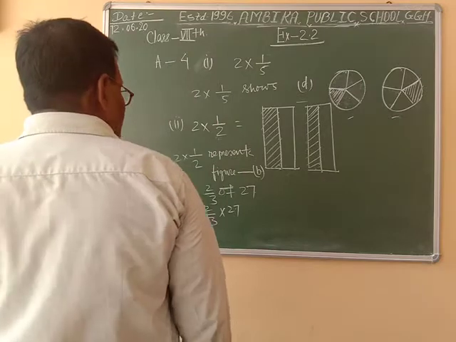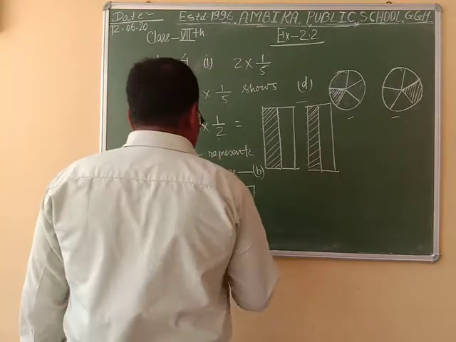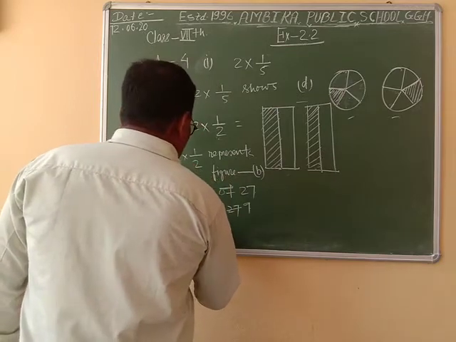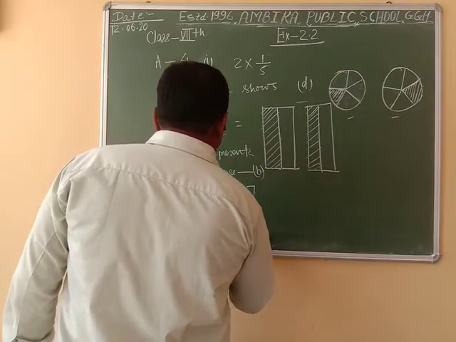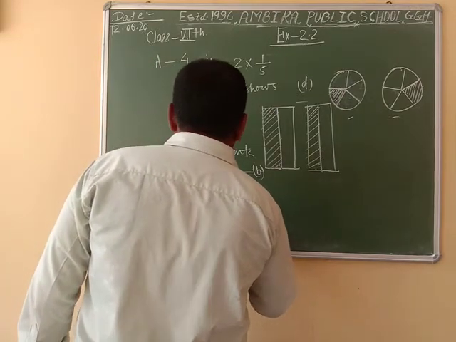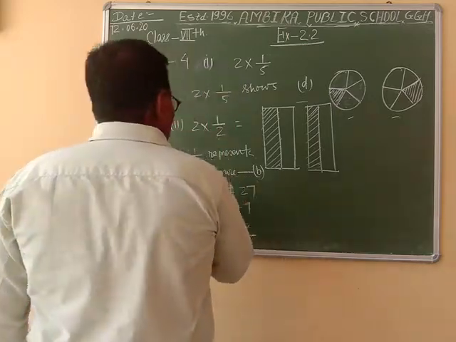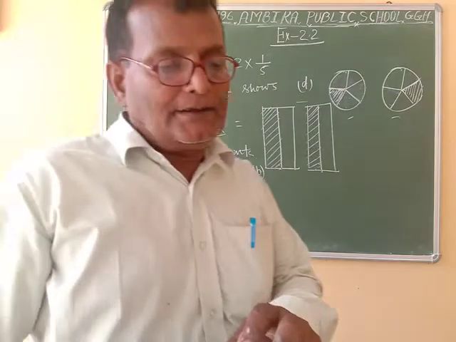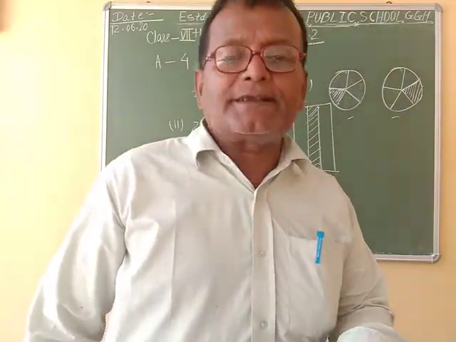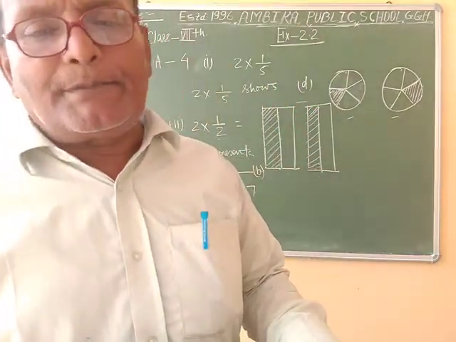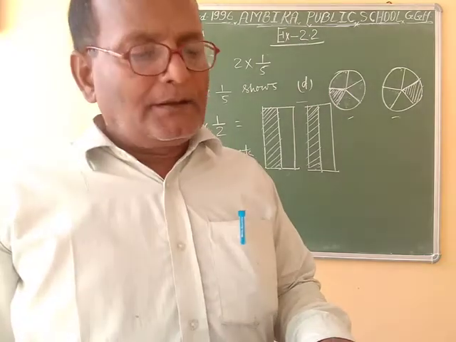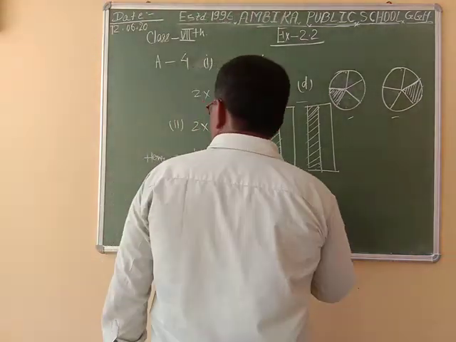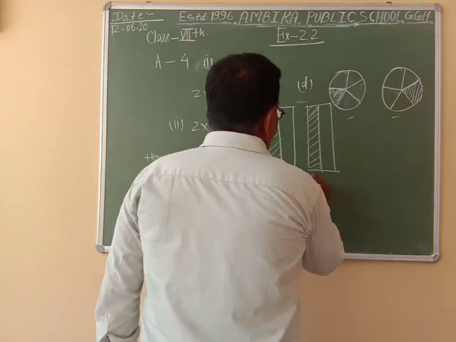Dividing 27 by 3, we get 9 as quotient. So multiplying 2 into 9 is equal to 18. Hence the value of 2 by 3 of 27 is equal to 18. And similarly for question number 6 and 7, do the same as answer 6.